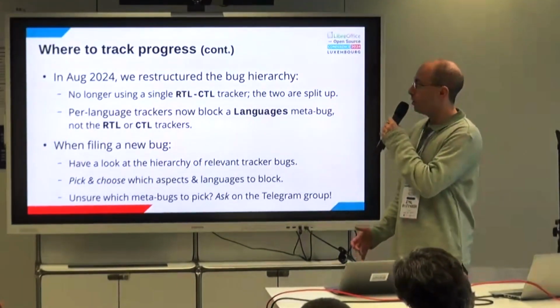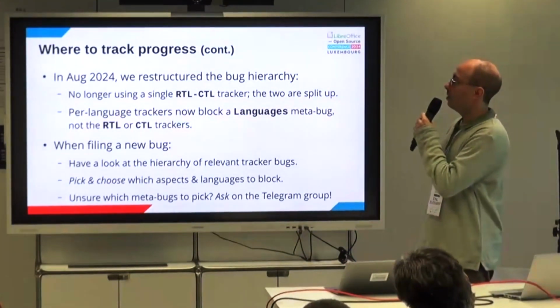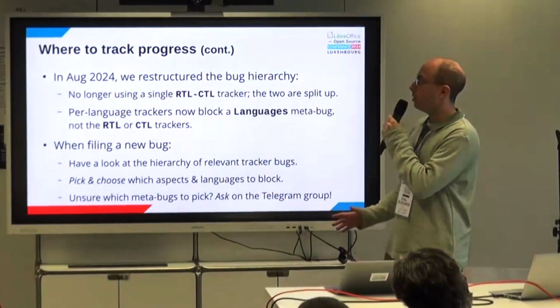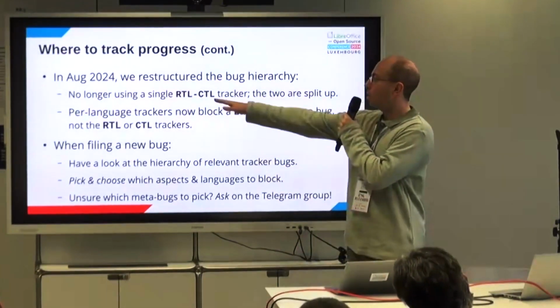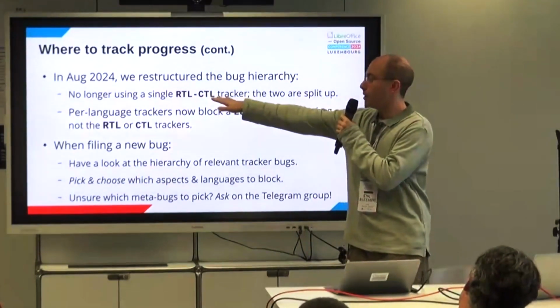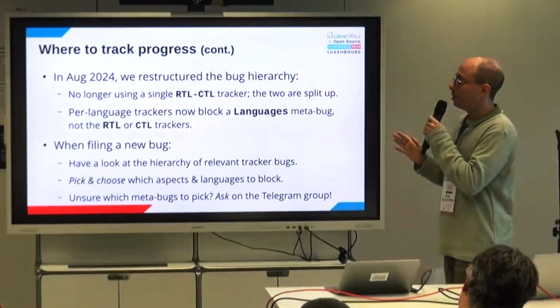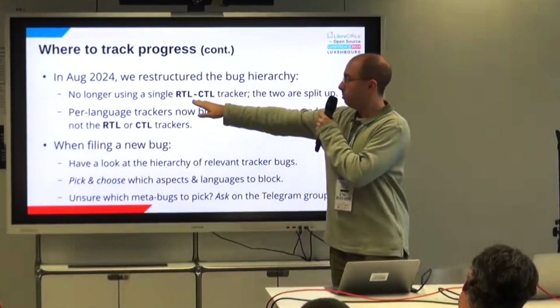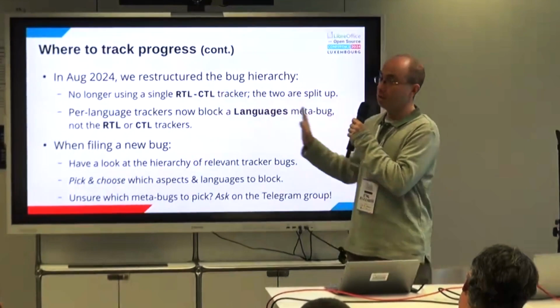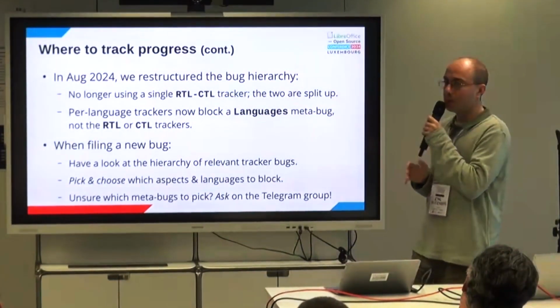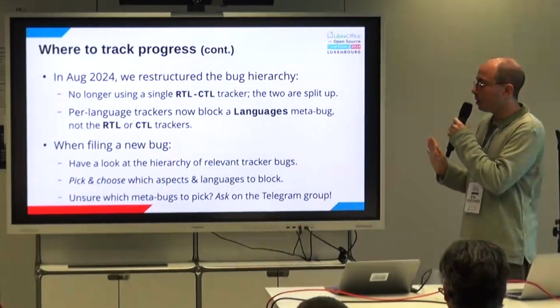A change that we've made: until a very short time ago, we had a single big tracker bug called right-to-left and complex text layout, RTL, CTL, and I split this one up. So now there's an RTL metabug and a CTL metabug, and they're separate. And also the language-specific issues don't necessarily block any of them.